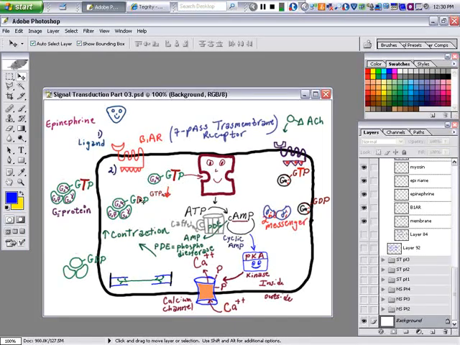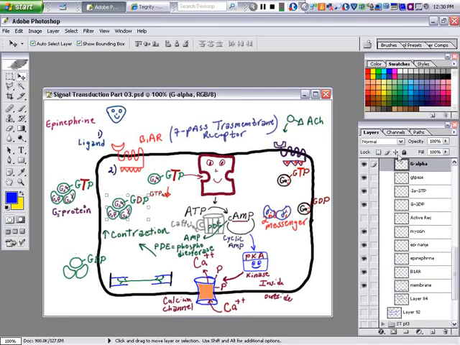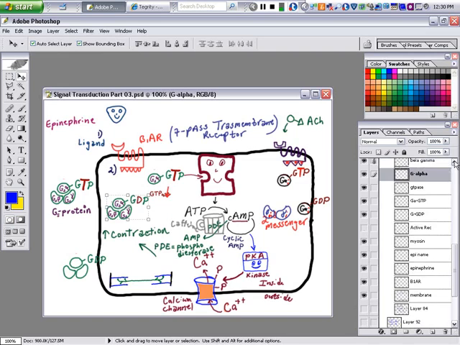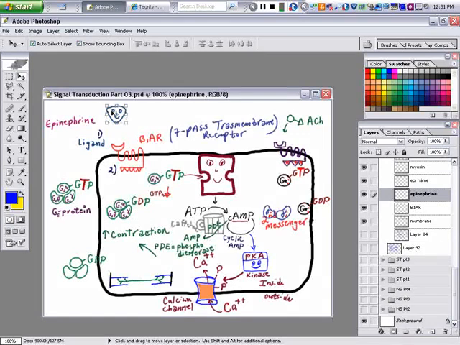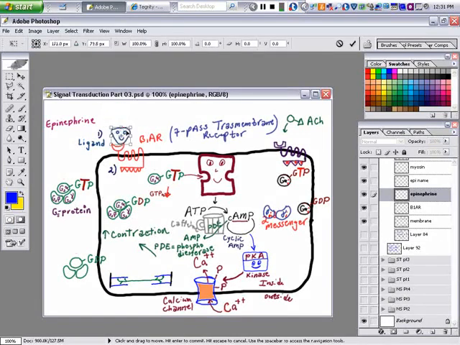And this GDP is then going to return back to beta and gamma, and now it's going to wait for epinephrine to bind the receptor again, and the whole process starts all over again. And so that's how you get a sympathetic response in a heart cell.